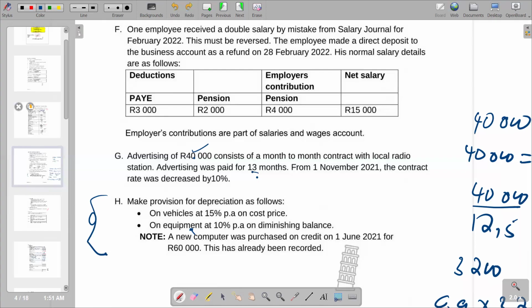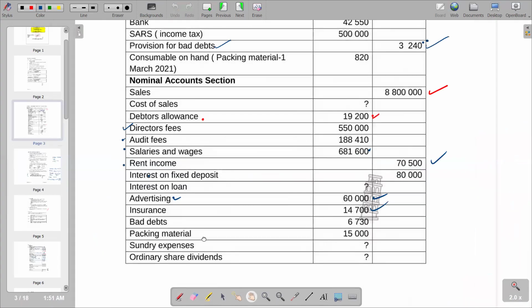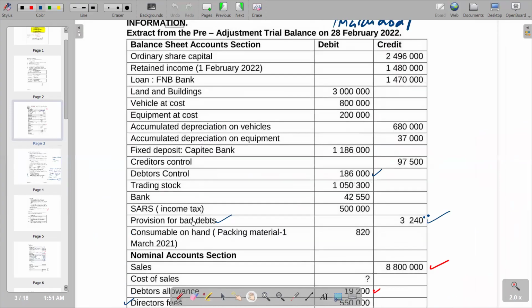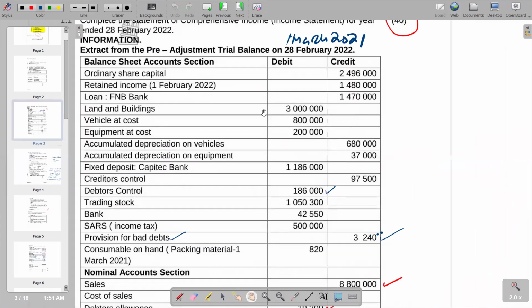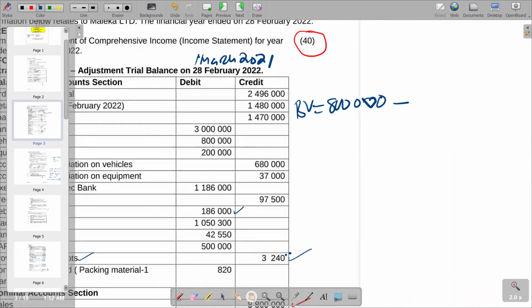So if you come here, you see that for vehicles we are using, we can check here, cost is 800,000. So book value is equal to your present of vehicles 680,000. So let's try to calculate that, 800,000 minus 680,000.